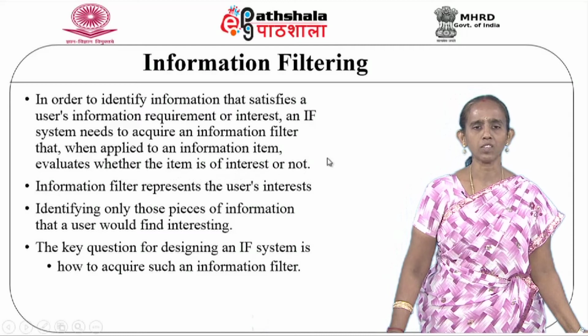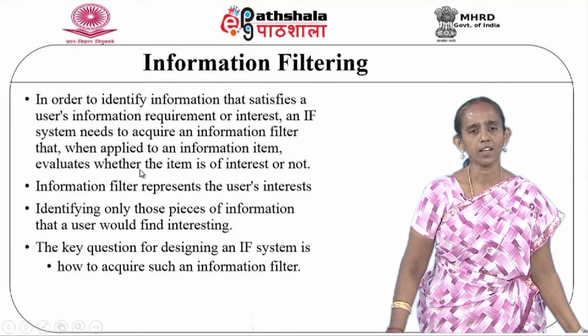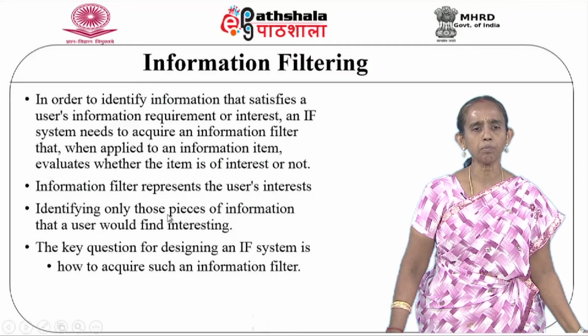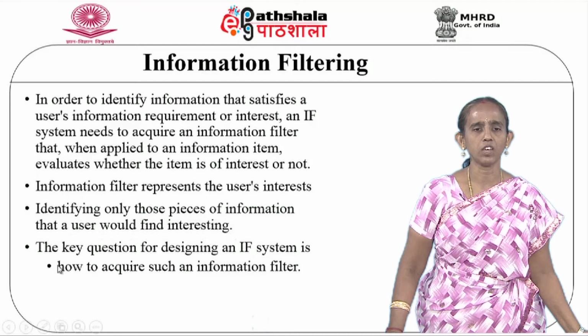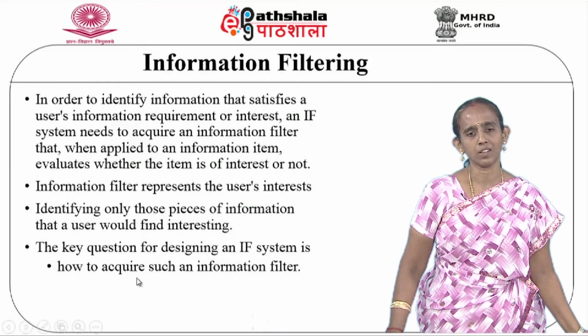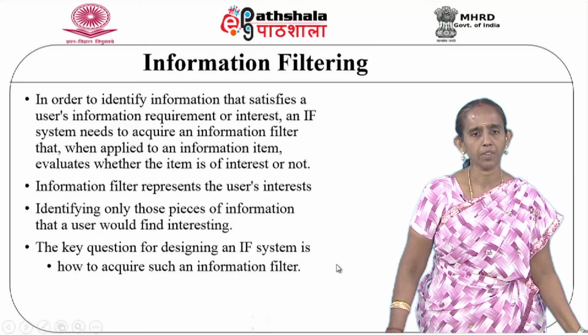Thereby this information filter represents the user's interest. Identifying only those pieces of information that a user would find interesting is a key question for designing an IF system. That is, the key question is how to acquire such an information filter.